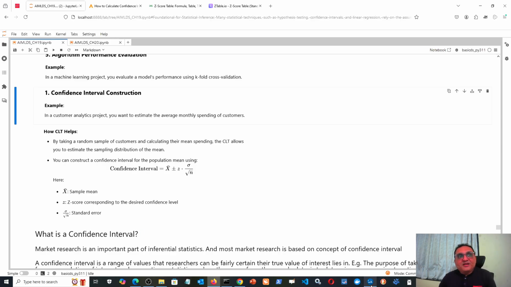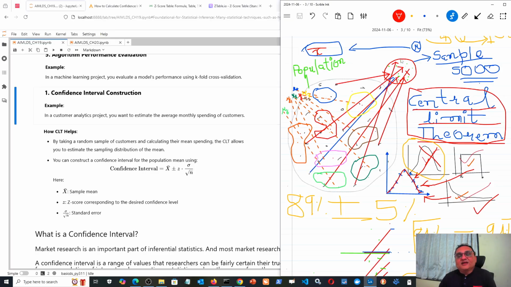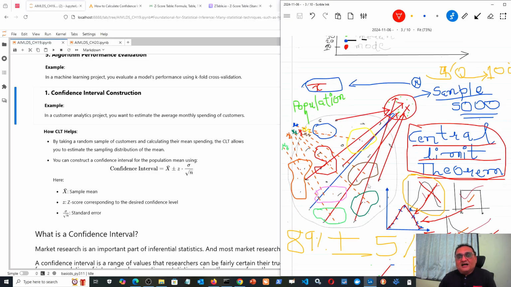Now, what is the meaning of this sentence? As I have said many times, the entire art of statistics or machine learning, hypothesis building, inferential statistics, is to get the statistical parameters related to the population, which are otherwise very difficult to obtain because the population is very large, diverse, and so many issues are there.